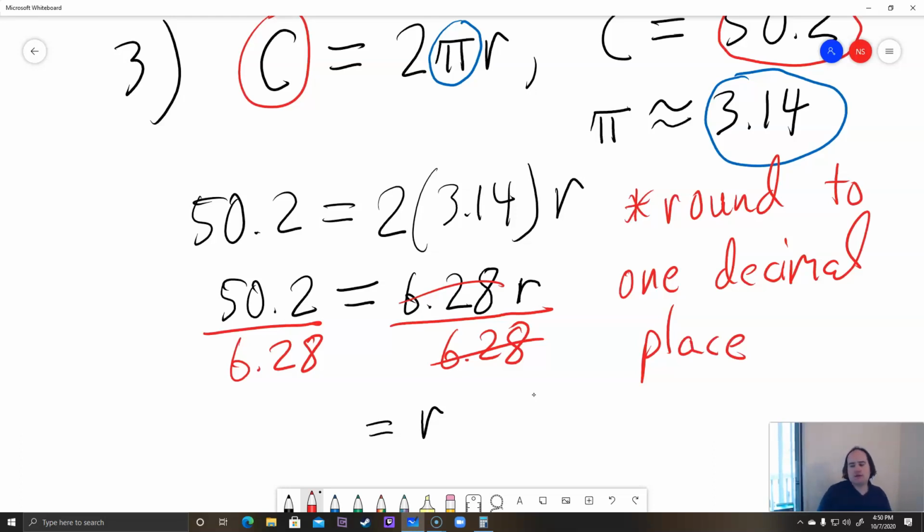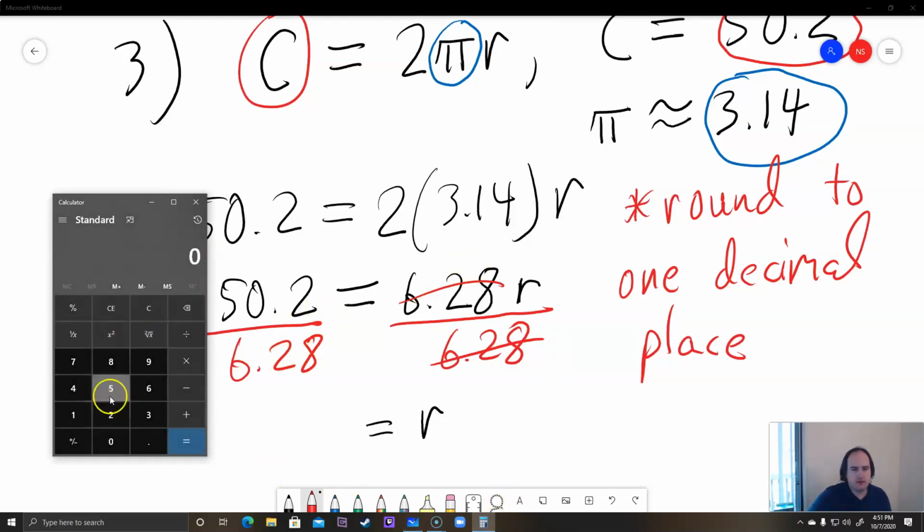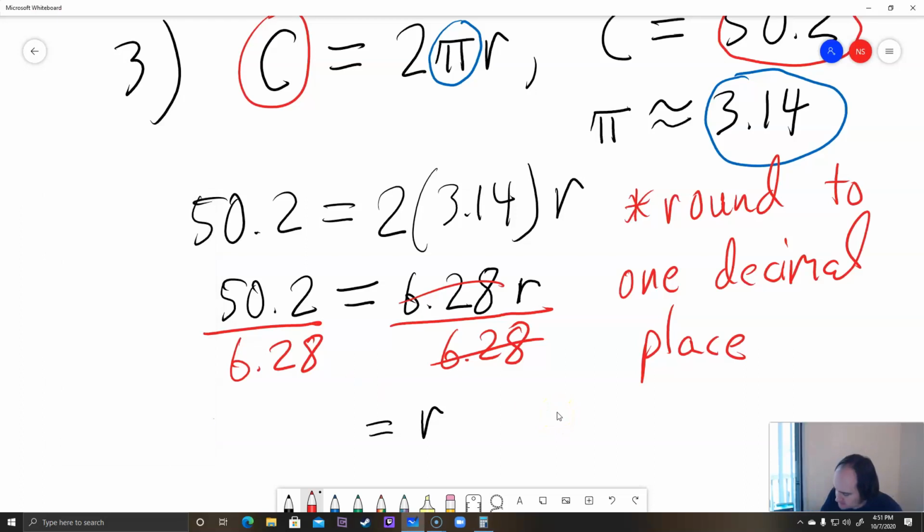Alright, and I'm going to go ahead and use a calculator for this. So 50.2 divided by 6.28. That gives me 7.993.